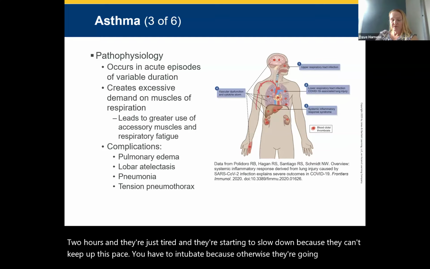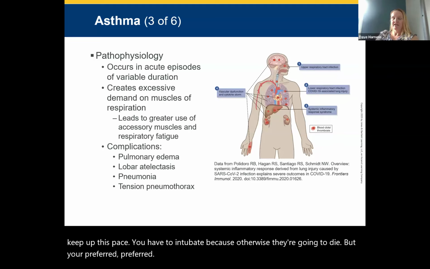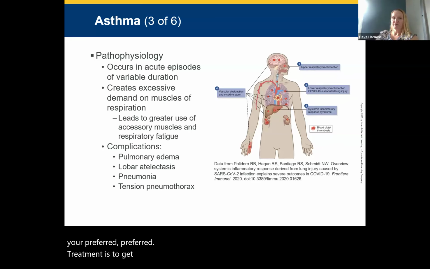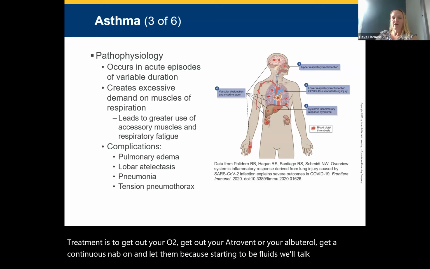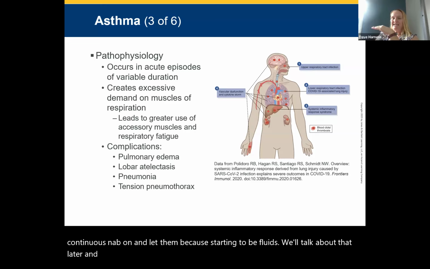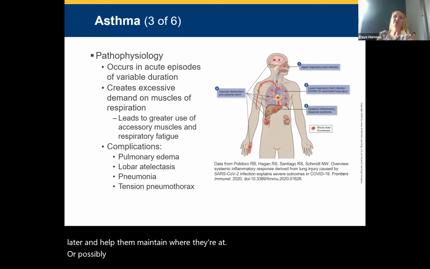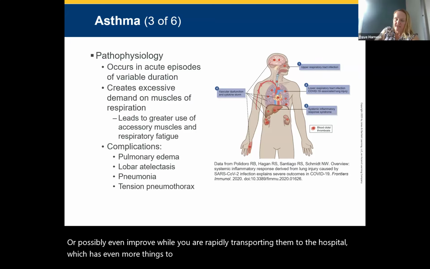But your preferred treatment is to get out your O2, get out your Atrovent or your albuterol, get a continuous neb on, and you can also start IV fluids, we'll talk about that later, and help them maintain where they're at or possibly even improve while you are rapidly transporting them to the hospital, which has even more things to give them, like IV steroids, to help them get through this acute exacerbation.